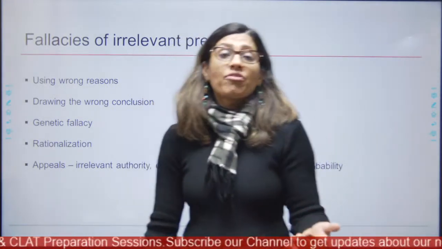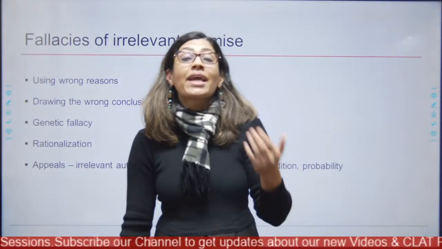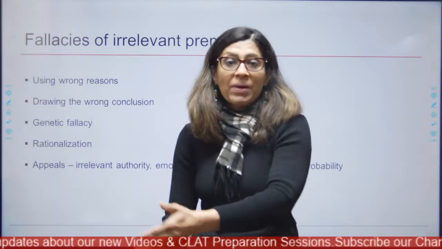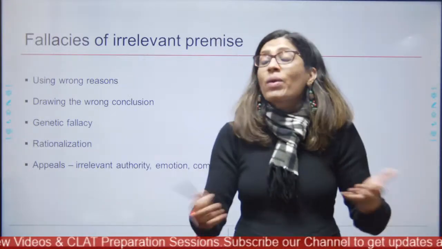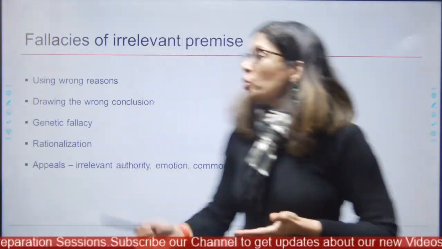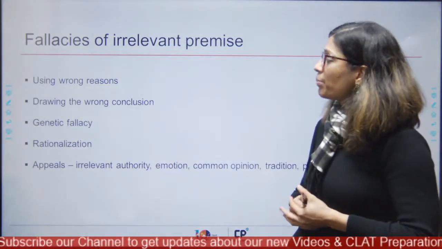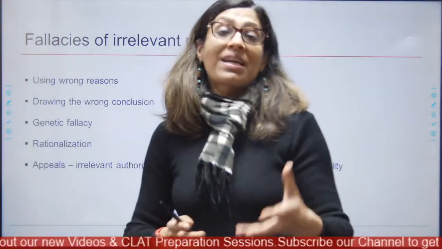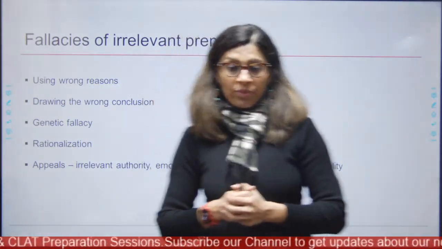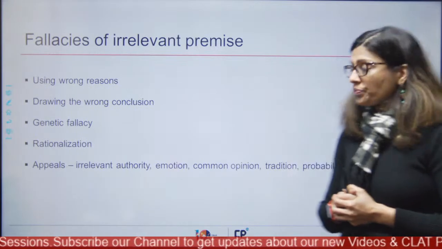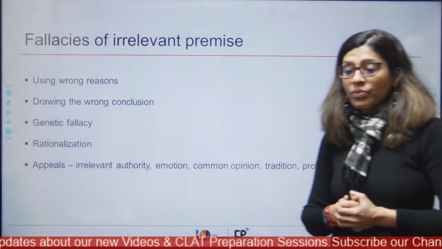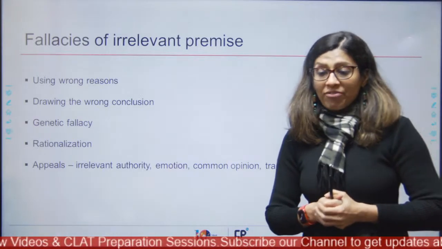These are some of the fallacies you see happening every day on news channels, in our public rallies, and in the way we interact with each other. So note down the fallacies of irrelevant premise, and from these lists, we are going to do the main fallacies on which maximum questions are asked. So do note it down, and let me know if you have done it.